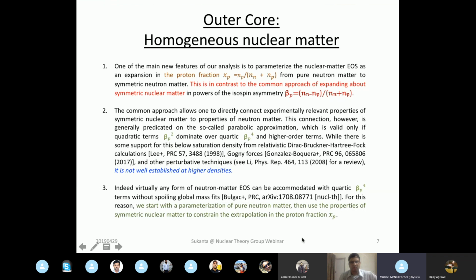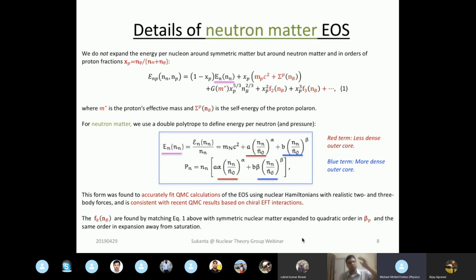And so, of course, there's a very large program to try and figure out what happens with small and medium mass nuclei to make sure they're consistent with the chiral interactions. And so part of that goes into the values of these parameters. This equation of state here is consistent with interactions that do reproduce nuclei fairly well. Does that answer your question to some extent?